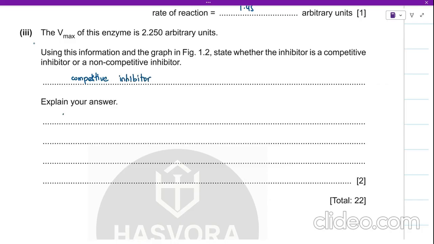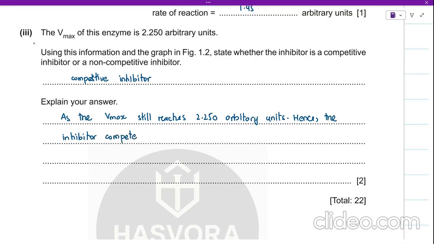Now we will explain it. As the Vmax still reaches 2.25 arbitrary units, hence the inhibitor competes with the active site.